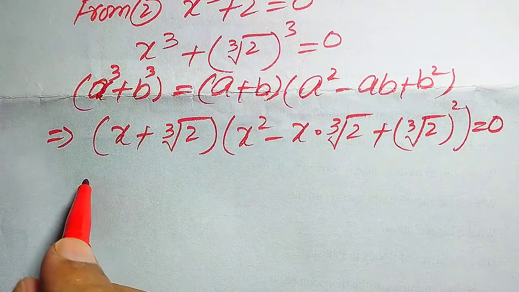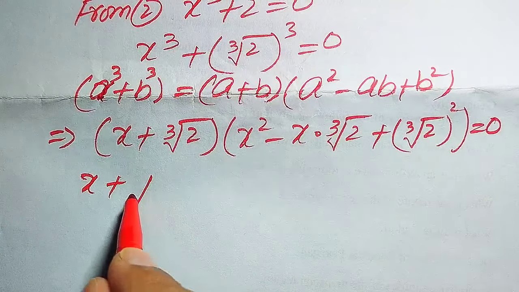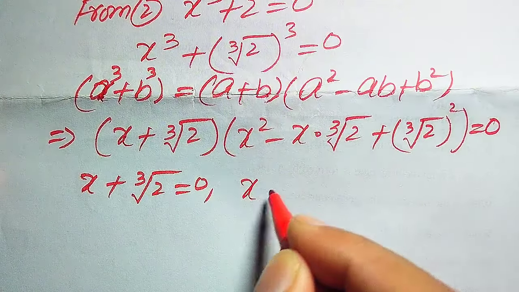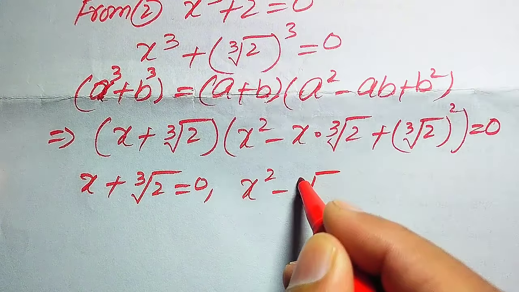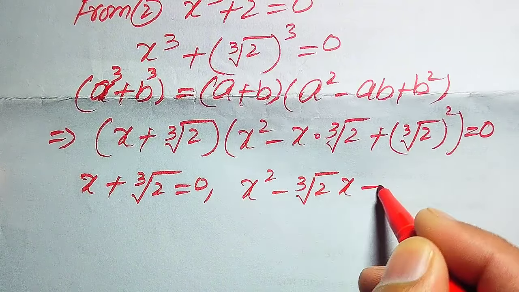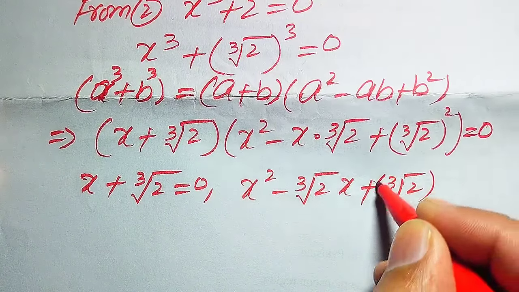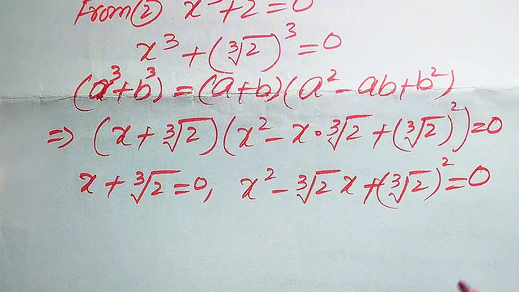So here we divide this into two cases. The first case is x plus cube root of 2 equals 0, and the second case is x square minus cube root of 2 into x plus cube root of 2 and its whole square is equal to 0.